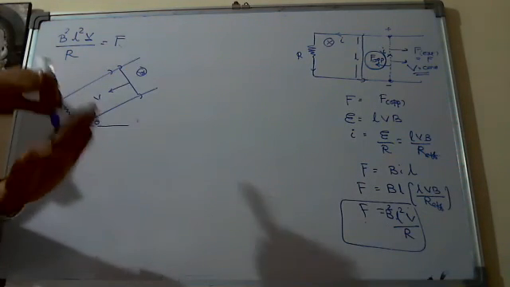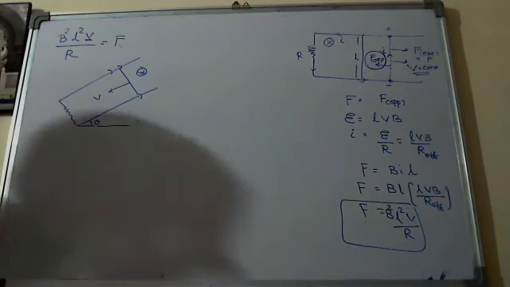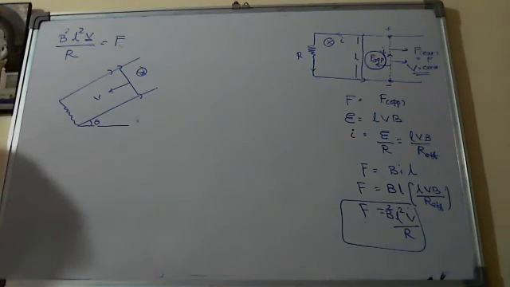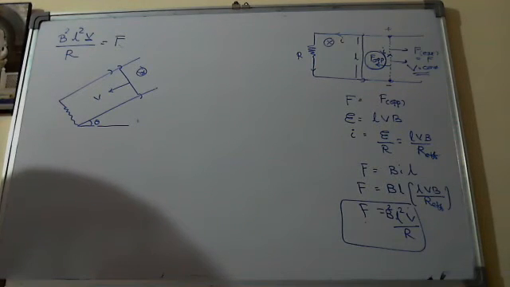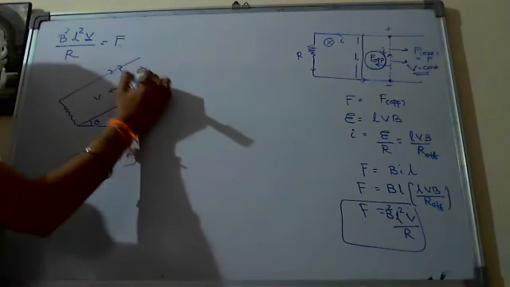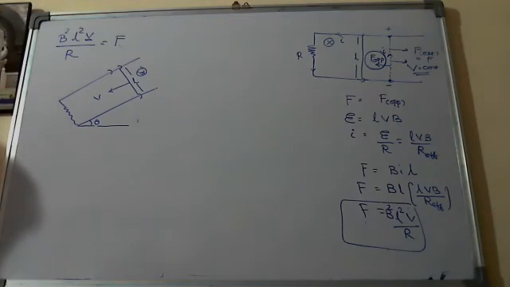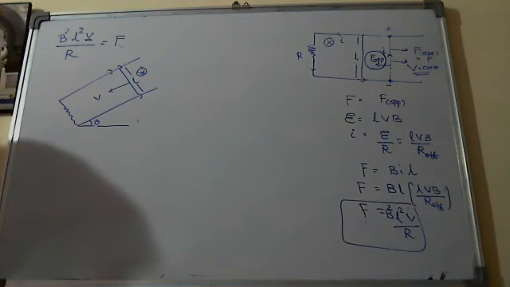In that case, I think you can say the answer. Why? Because I gave the clarity that B is perpendicular to length. And all three are mutually perpendicular: magnetic field, length and velocity.